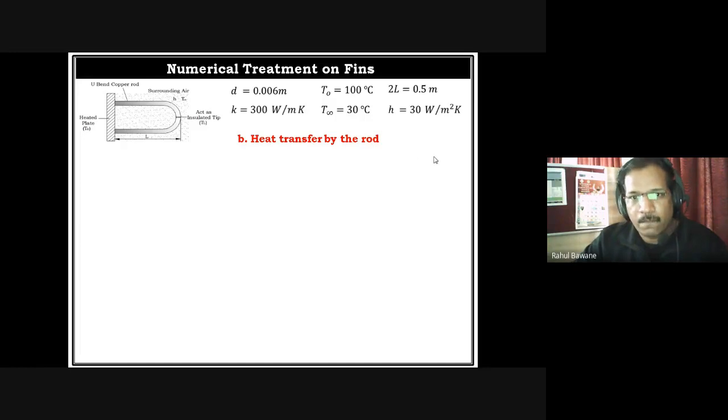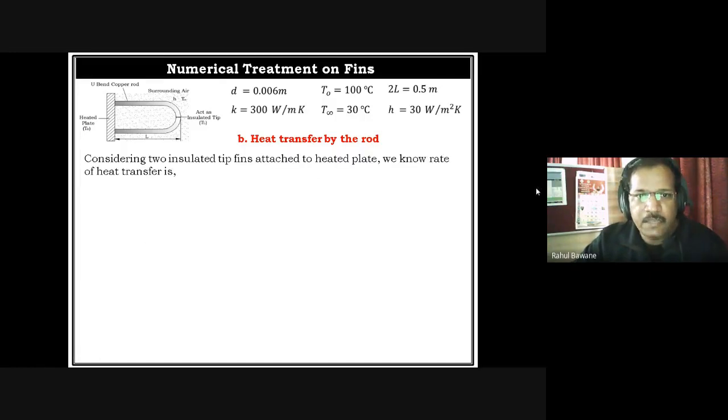Okay. Now the second part, heat transfer by the rod. Here many students make a mistake. Now this rod behaves like two insulated fins, bottom and top. So the bottom and top parts are the two insulated fins. So we have to use this formula: heat transfer rate is twice root of hPkA_c times theta 0 times tanh mL.